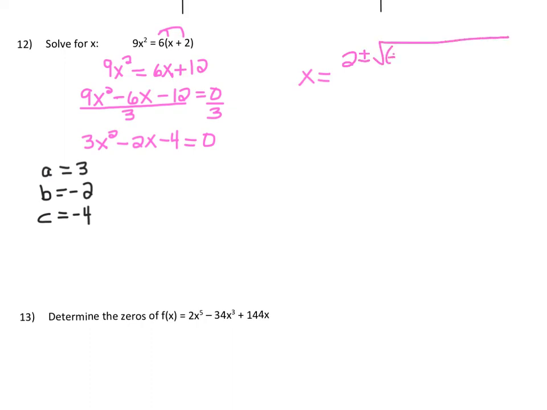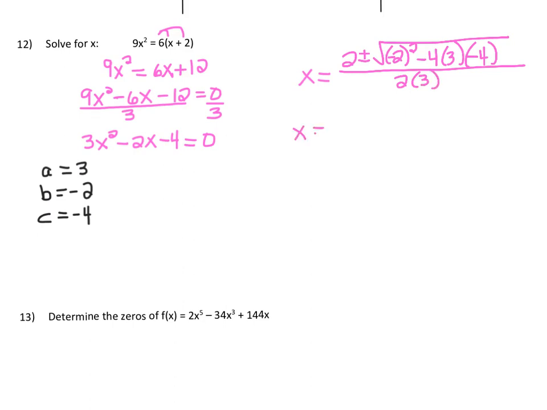So negative 2 in parentheses squared. If you don't want to deal with the parentheses, you could just put 4, isn't negative 2 squared just 4? And then minus 4 times a, which is 3, times c, which is negative 4, and make sure your fraction bar extends underneath that whole entire numerator, over 2 times a, so 2 times 3.